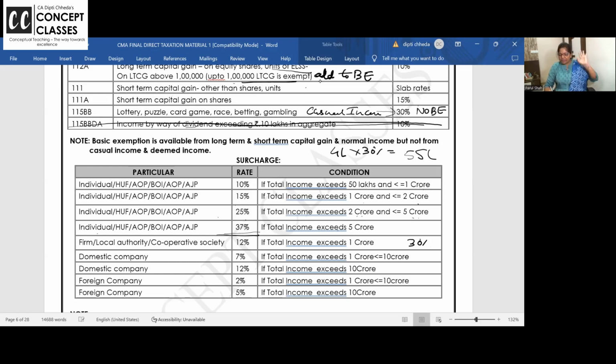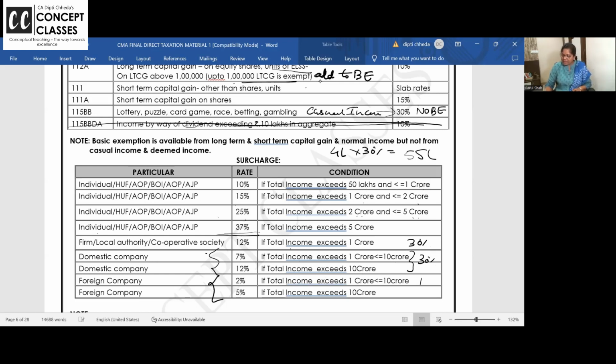In case of partnership firm, there is only one rate of tax, 30%. So only one rate of surcharge, 12%. If income exceeds 1 crore, the partnership firm has to pay 12% surcharge. Domestic company, what is the tax rate? 30%. If the income exceeds 1 crore and is up to 10 crore, surcharge is 7%. If the income exceeds 10 crore, surcharge is 12%.